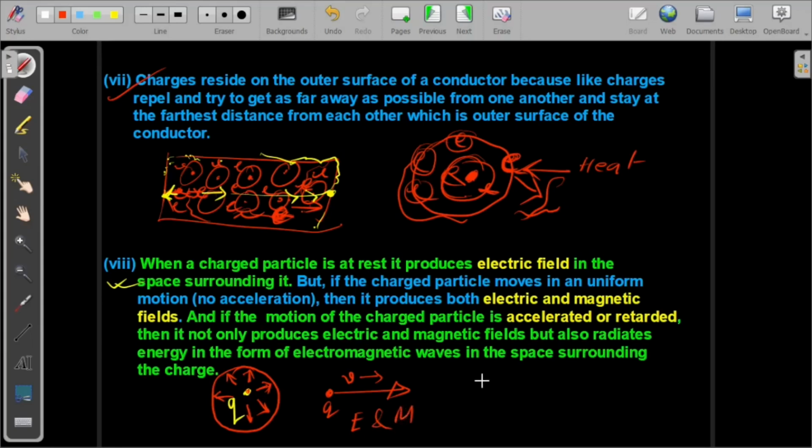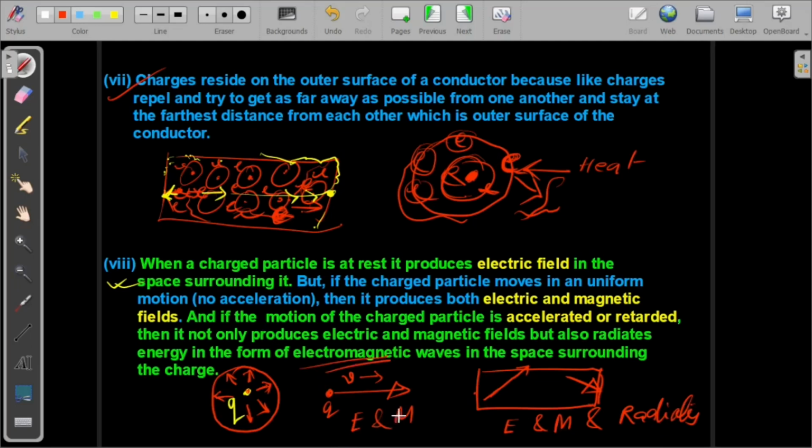But if it moves with accelerated motion, its velocity is increasing, or it moves with retarded motion, that means its velocity is decreasing, in this case it produces an electric field and a magnetic field as well. Along with that, it radiates energy also, in the form of electromagnetic waves.